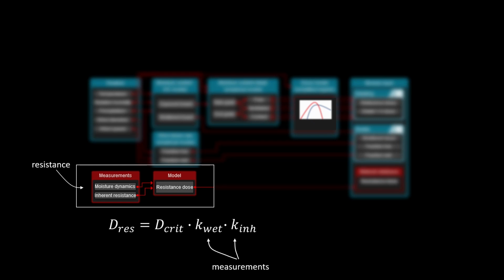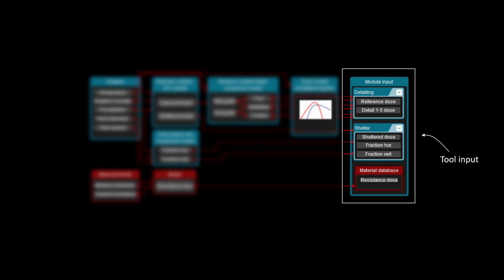Here we have a lot of measurements, but also a model to translate those measurements. There are some standardized measurements that can be translated to a characterization of material resistance, in terms of doses as well. So when you reach a specific amount of doses, you have decay.